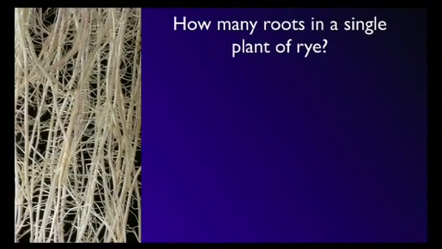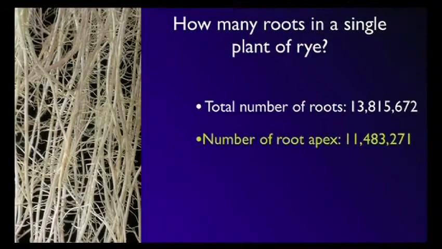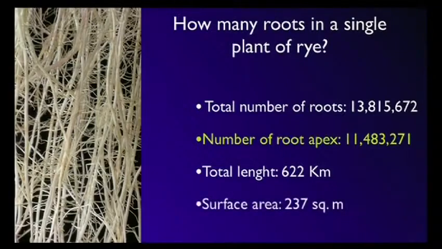Now, we know that a root apex has just a few hundred cells that show this kind of feature. But we know how big is the root apparatus of a small plant, like a plant of rye. We have almost 14 million roots. We have almost 11.5 million root apexes, and a total length of 600 and more kilometers and a very high surface area.